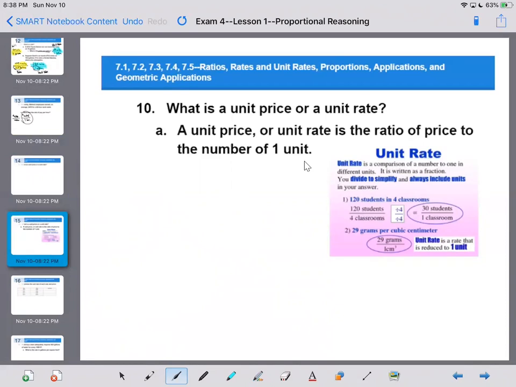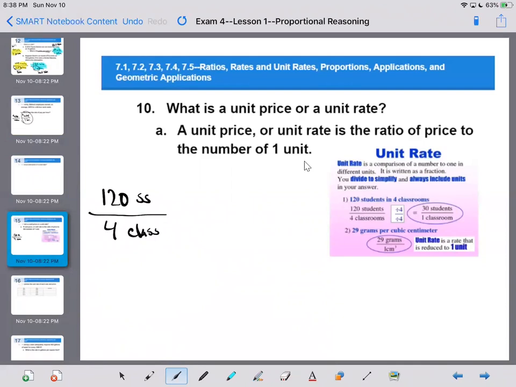So you see in the model, in the picture here, that models a comparison of a number to 1 in different units. So that could be miles per gallon, dollars per ounce, those types of different suggestions, or like students per classroom. So in the example here, it gave you 100 students in 4 classrooms.